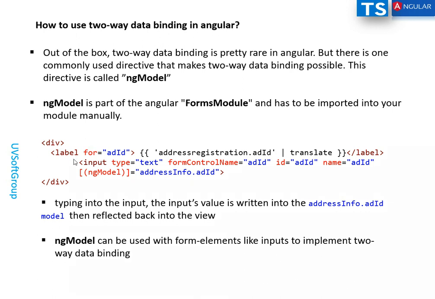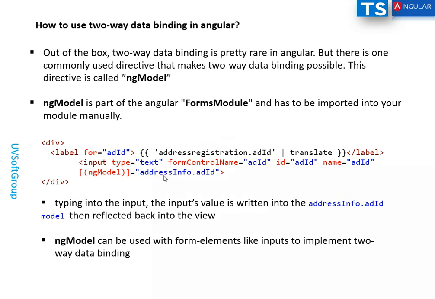So you see one of the inputs, we have a label. I talked about that, the internationalization, the multi-language support: German, French, and Bengali. So you have a pipe with the key, and then this automatically labels, and this is your input box. This input type and form control name is your address ID, the attribute name is address ID.